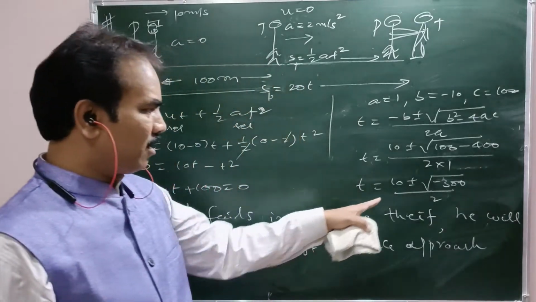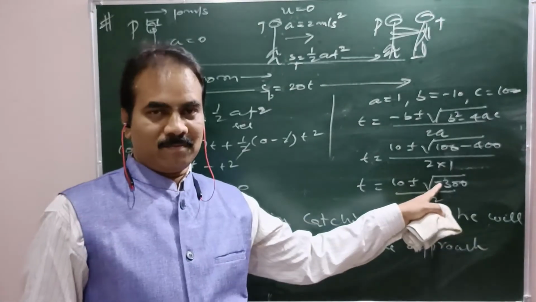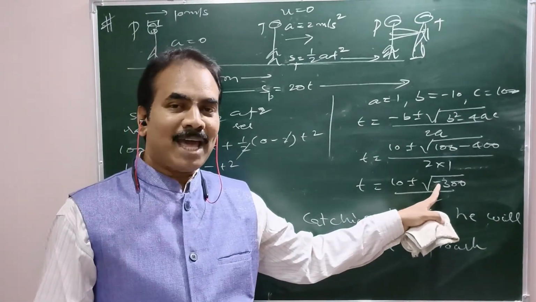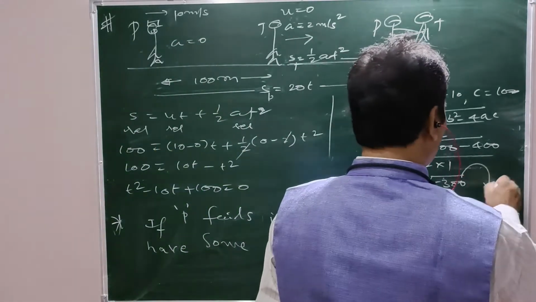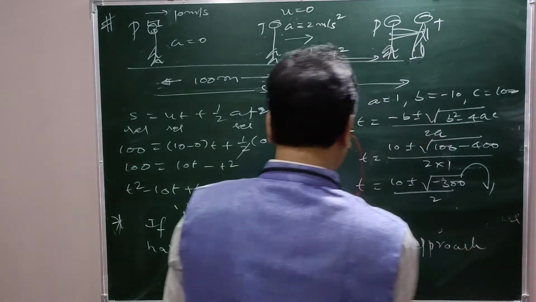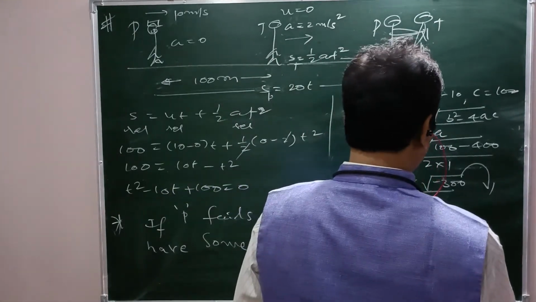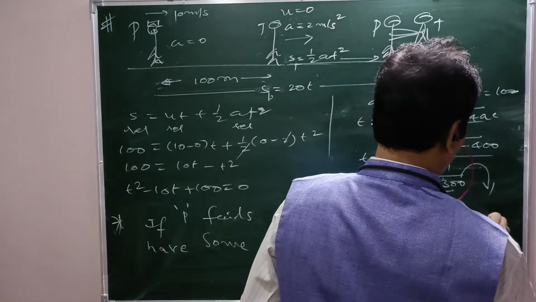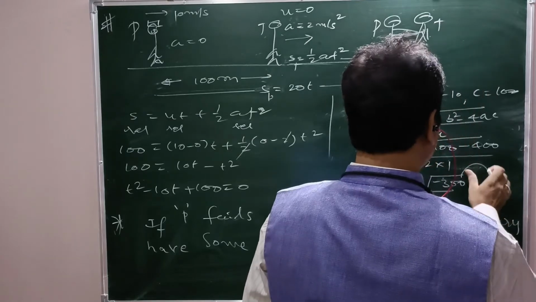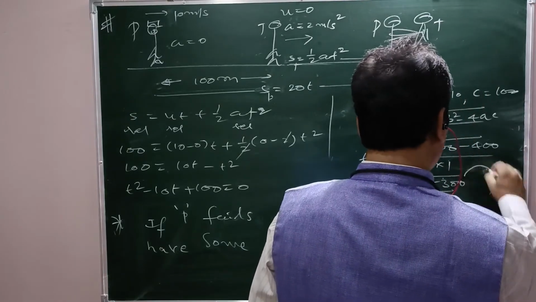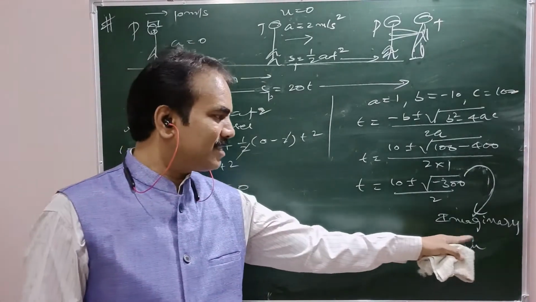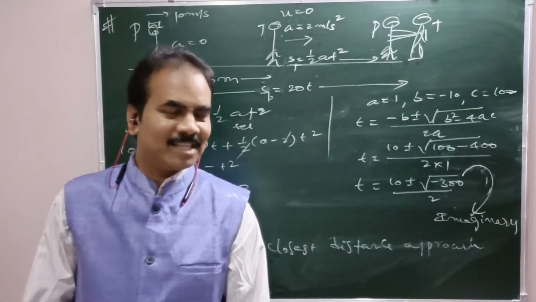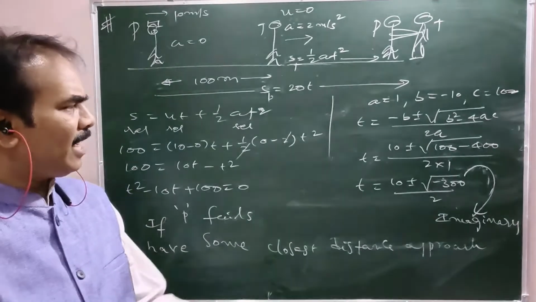So in this expression, the root over a negative term has no significance in reality. So this term is imaginary. Root over a negative value is imaginary. It has no significance in reality. Okay, right?